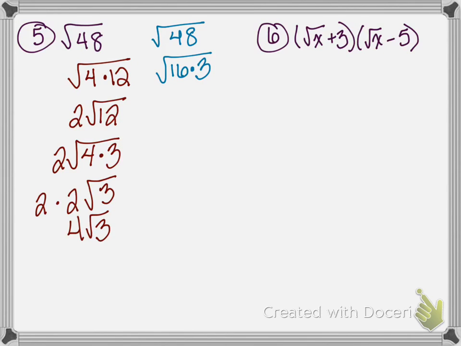We don't always recognize that 48 is 16 times 3. What's the square root of 16? 4. So we have 4 on the square root of 3. Either way you do it is fine. The big thing is that you keep going when you get right here. That's the big thing.